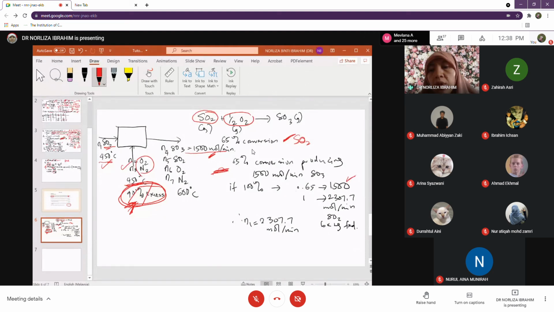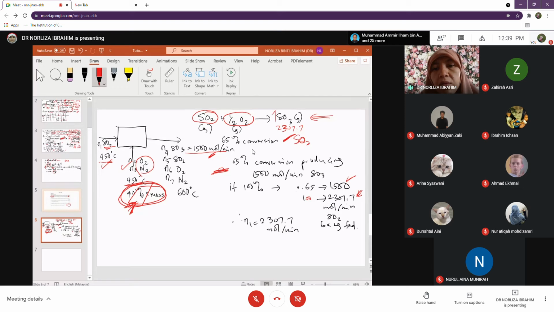If I have 100% conversion, I should have 2307.7 mole per minute of SO3.